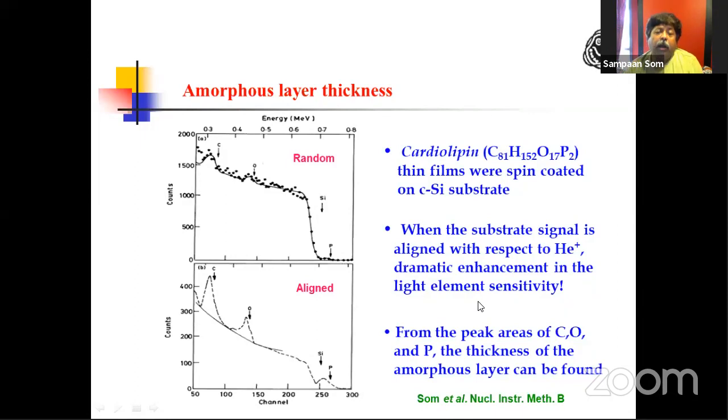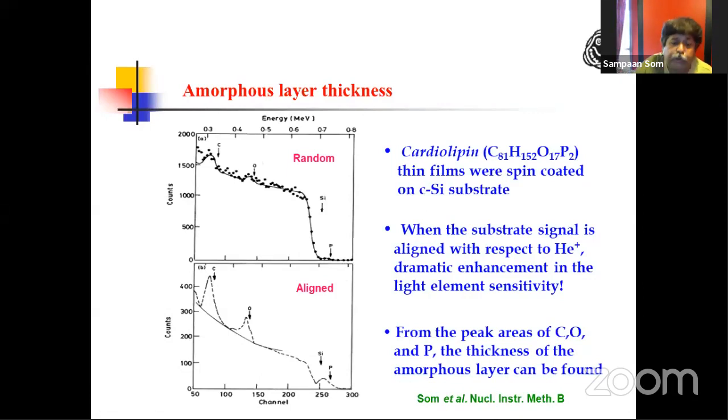In a random RBS spectrum, as shown here, there is no reduction in scattering yield. But the moment we are able to channel the ion beam through the silicon substrate, remember the top film cannot be channeled, because channeling cannot be achieved as it's amorphous in nature.